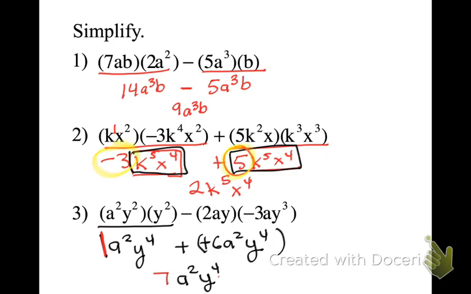That's not the coefficient. And that one counts as 1a, so that one counts as 1y too, making it 7a squared 2y.